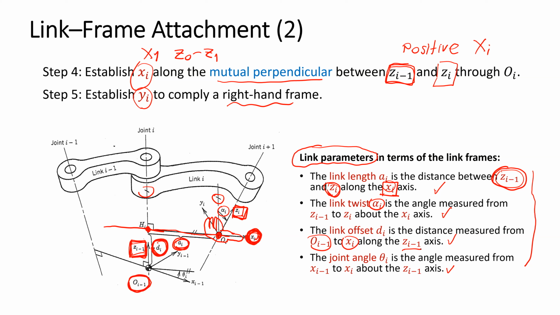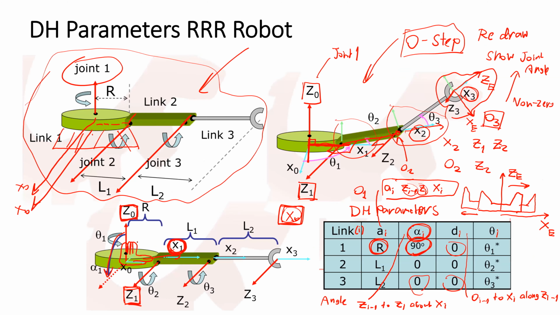And here if we see the picture, the distance is measured from O0 to X1, measured along the Z0 axis.